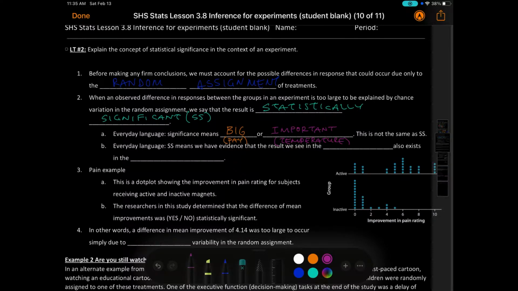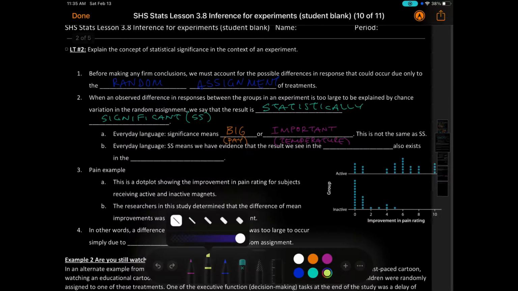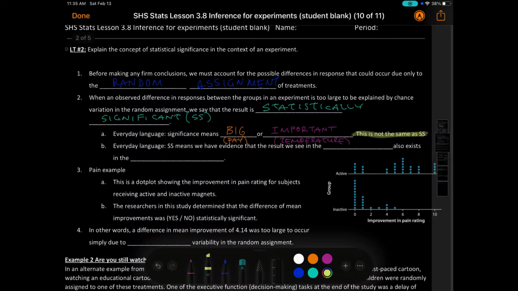But this is not the same as statistically significant. 2B, everyday language.